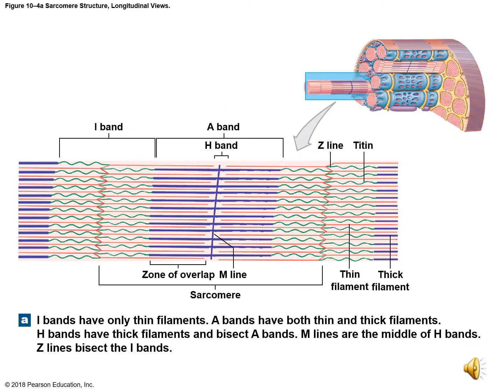The next structure of the muscle fiber is found within the myofibrils. The myofibrils, the long tubes running the length of the muscle fiber, are inside it. They are made up of repeating units of protein, and these repeating units are called sarcomeres. These are the functional units of the muscle itself.